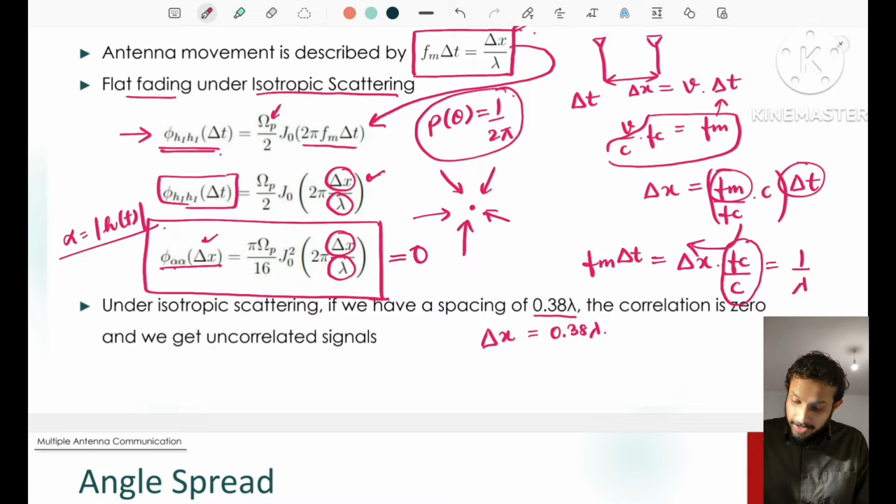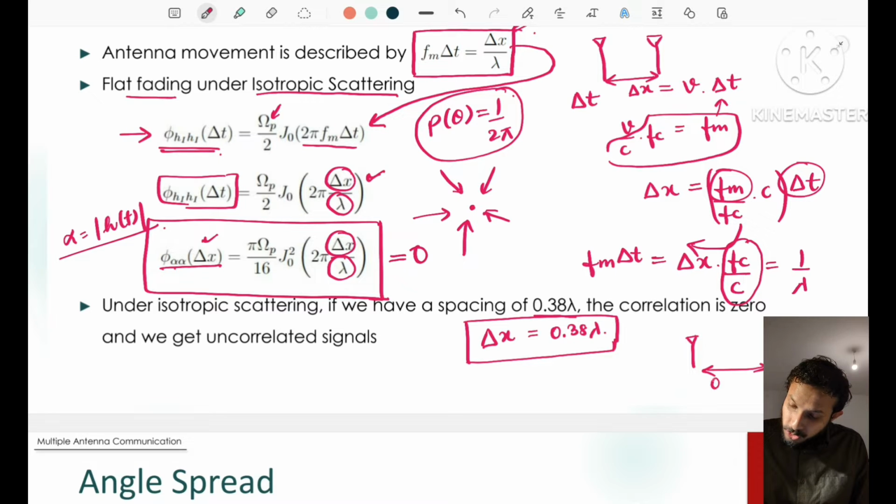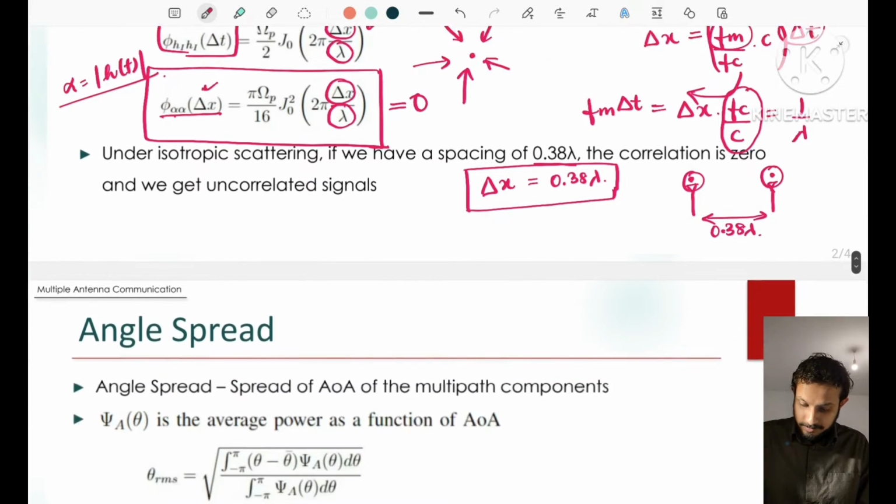So we can say that when we have two antennas and the spacing between the two antennas is 0.38 lambda, we achieve uncorrelated signals at both these points. And this is very useful when we study the spatial characteristics.